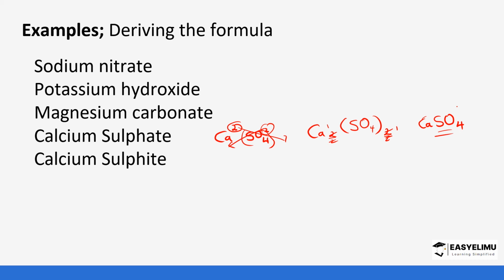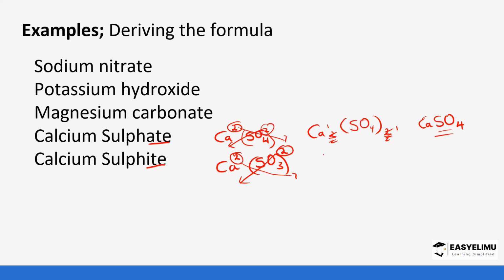We look at calcium sulfite. So you can see there's a difference between the 8 and the 8. So once again, calcium valency is 2. And the sulfite is written SO3, which is a bit different from SO4. The valency is 2 because it has a charge of 2 minus. So remember we put the bracket. So we crisscross the valencies.